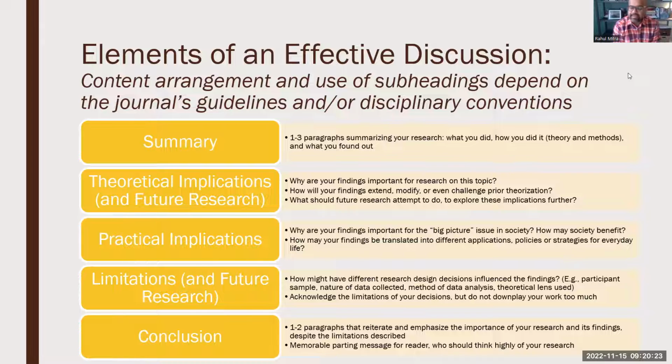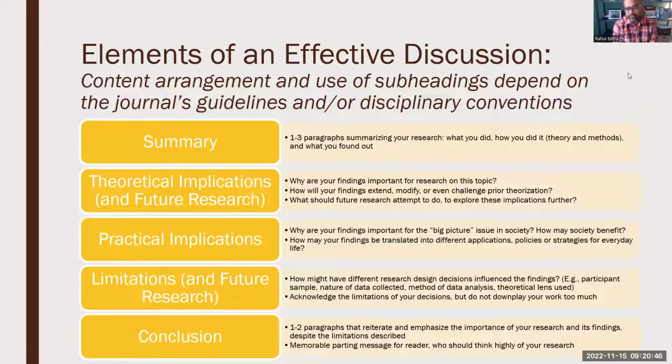How will your findings extend or modify or even challenge prior theorization? What should future research attempt to do to explore these implications further? So these are potential prompts for you to keep in mind when you are writing this subsection.